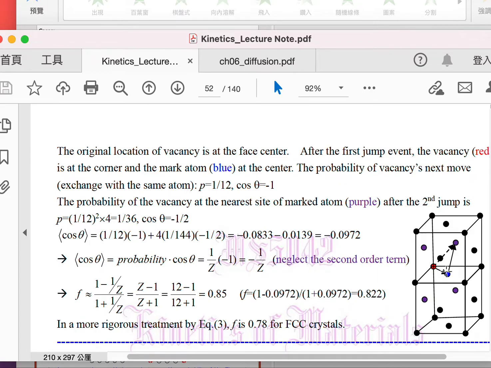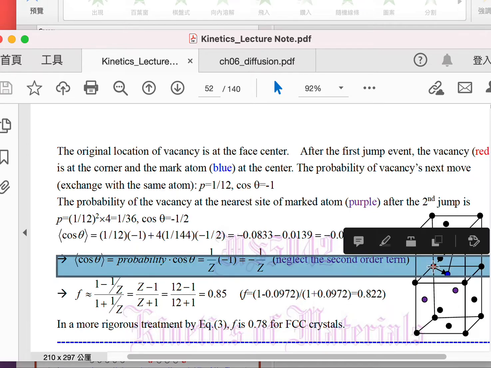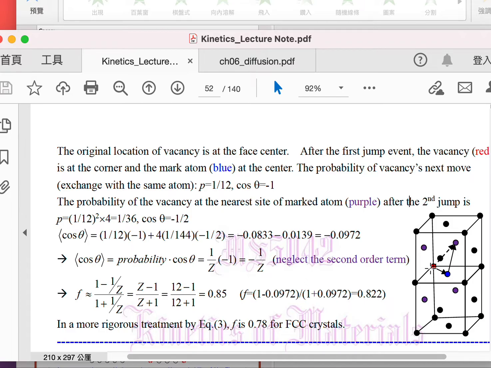Some people will probably ask, you make this jump and jump backward and nothing changes; this jump has no contribution to diffusion. And some people will ask, how about I jump here, jump to this one, and jump back, and it also returns to the original site, right? So we can also get the average of cosine theta.